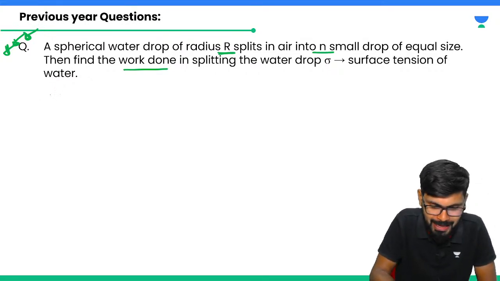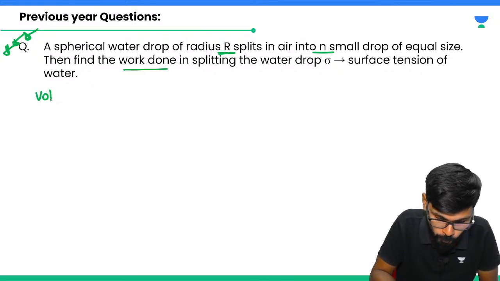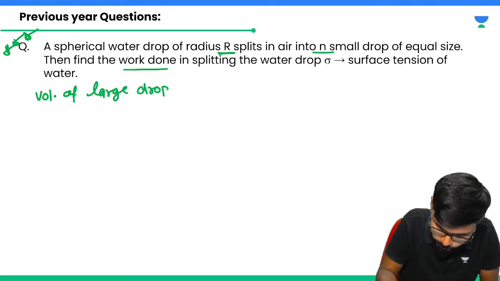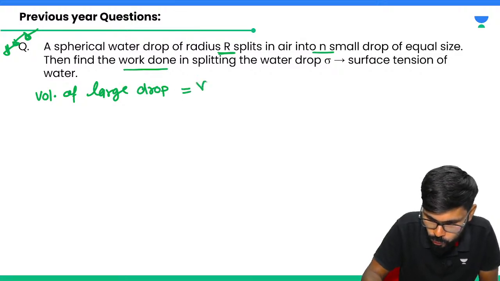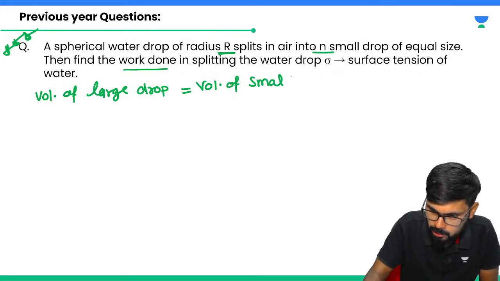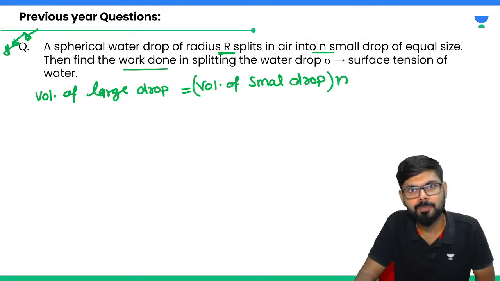Now listen here. First we have to balance the volume. Volume of the large drop is equal to the volume of a small drop into n. Correct, na beta?